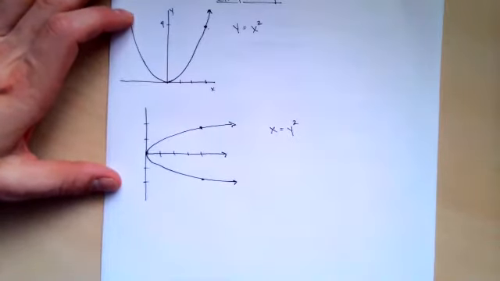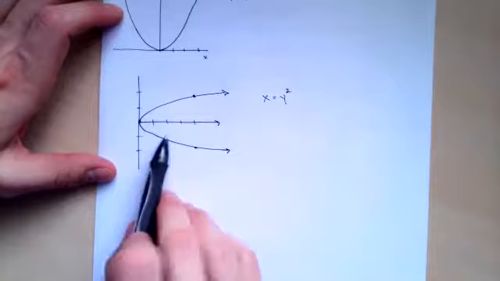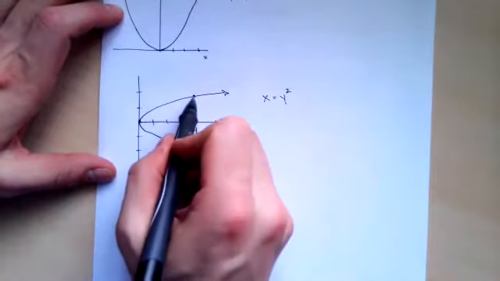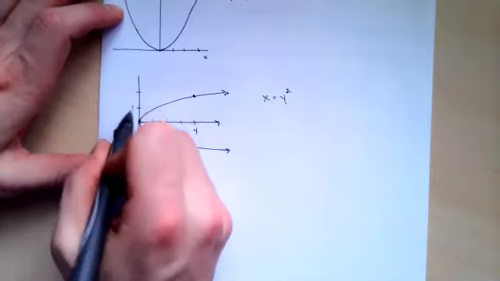And as we saw in our numerical examples, when x is 4, there's 2 different y values, plus 2 and minus 2.